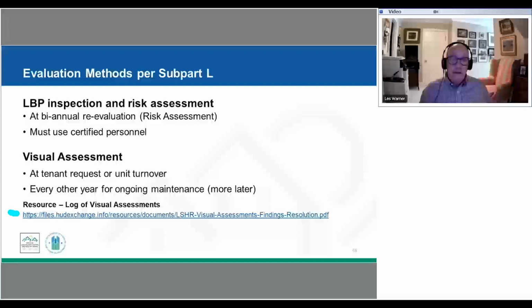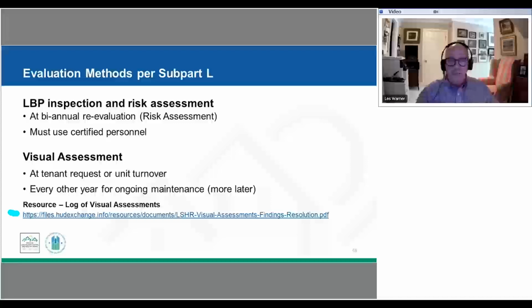so that as the visual assessment is being completed, they would be keeping a log of, here's what I have looked at, and here's what I am seeing, either that they are seeing no visually identified potential hazards, or they are identifying, for example, in bedroom number 2, we are seeing dust or other debris on the floor, we're seeing chipping, peeling paint, and so that would all be tracked as part of that log.